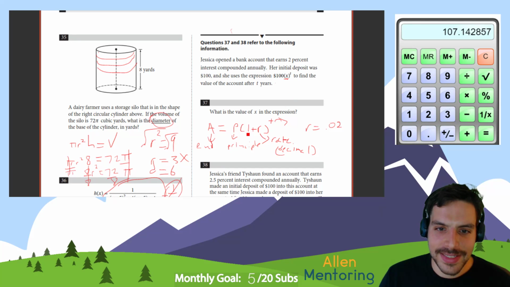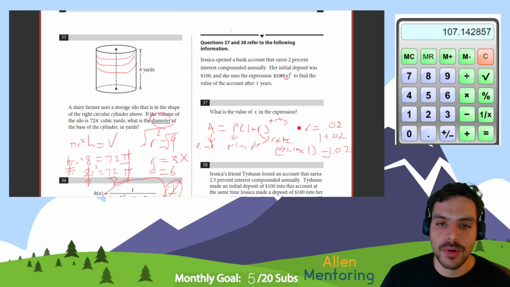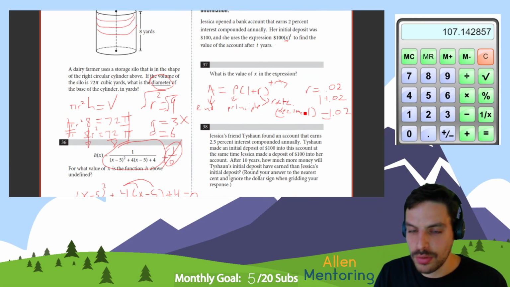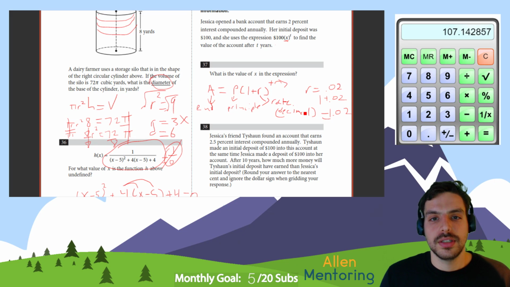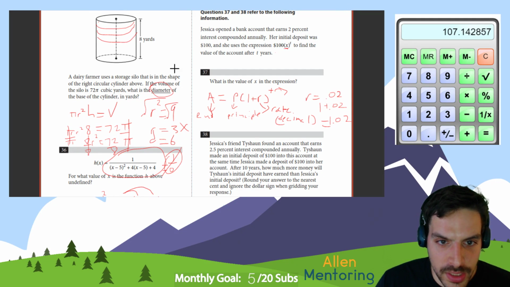Well, we know that x is going to be 1 plus r, or 1 plus 0.02, which is equal to 1.02. So the answer to our problem here is x equal to 1.02.